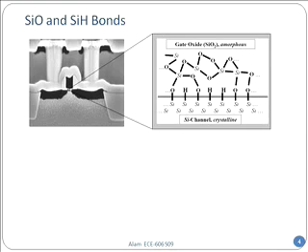And as they begin to leave, gradually the number of interface states will continue to rise again. Remember, you brought it down to 10 to the power 10, and gradually after the hydrogen begins to leave, the number will go up, and if it reaches on the order of 10 to the power 11 per centimeter square, then you are already in trouble, because then your threshold voltage has shifted a lot and the current is no longer stable.